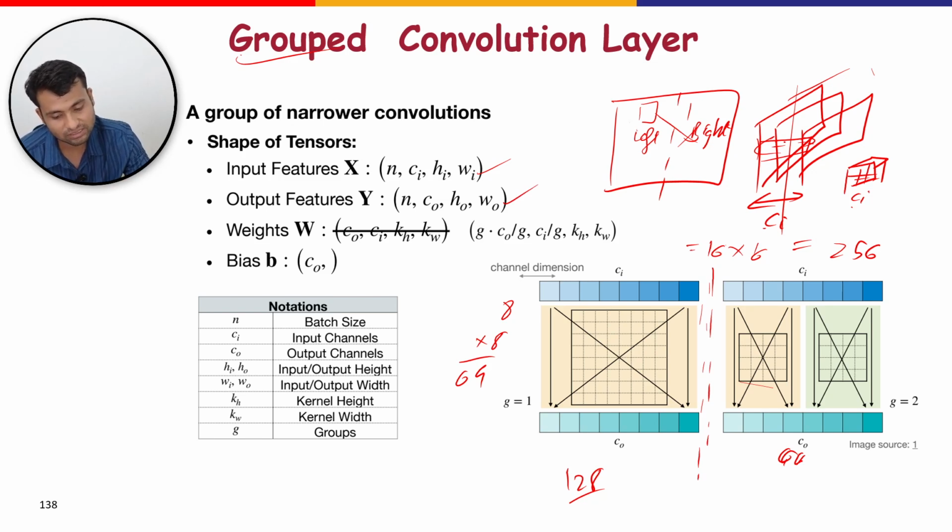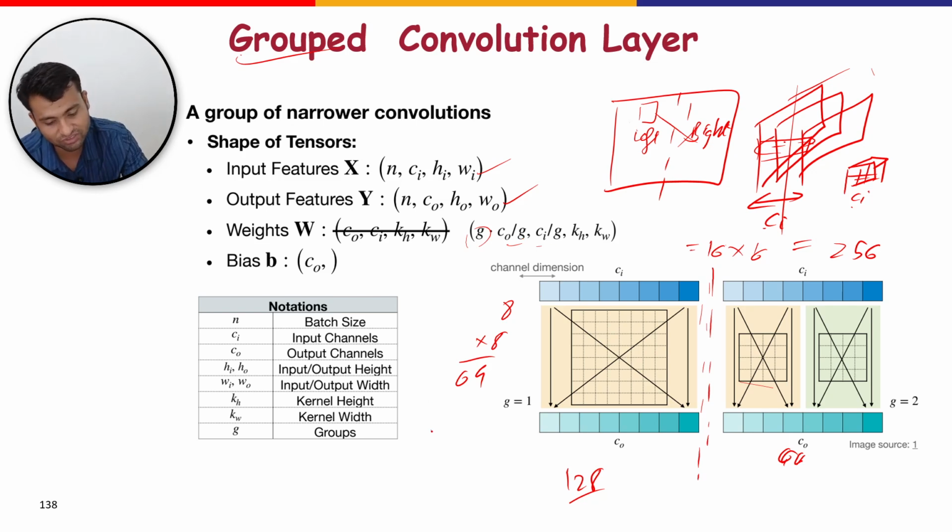What will change is the weights which we are having. So they will be reduced by a factor of g. So both input and output will be reduced by a number of g. But since there are groups now, we'll have to multiply this by again a g factor here. So ultimately the number of computations which is happening is only affected by a single factor of g, the number of groups which you formed.